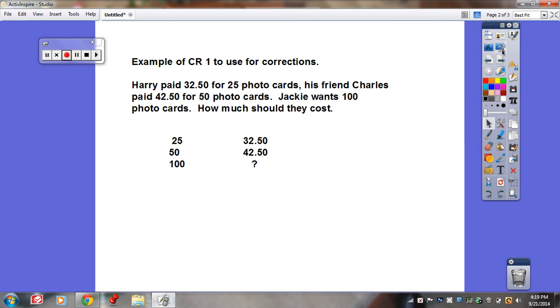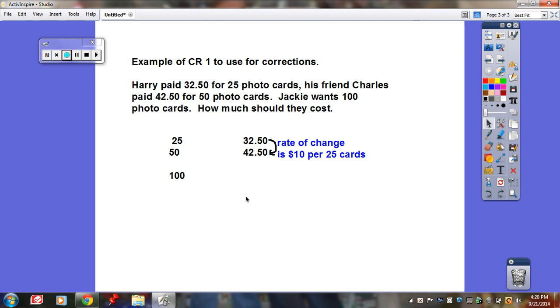So what we're going to do is we're going to use the idea of rate of change. So between the first line and the second line, there's a rate of change of $10 for 25 cards. Now, we don't want just 25 more cards, we want 50 more cards.